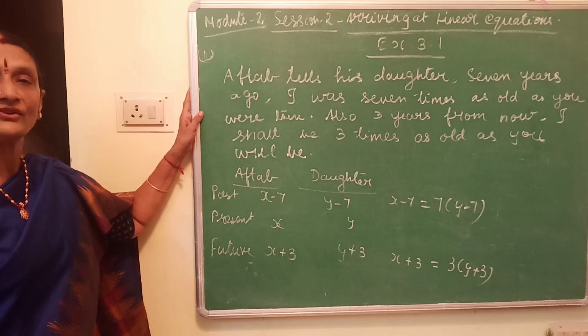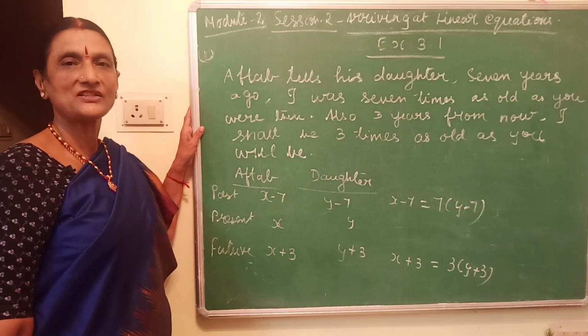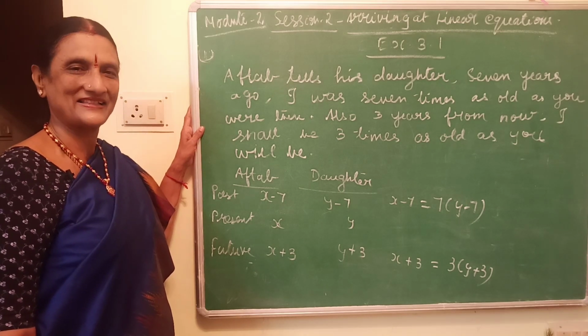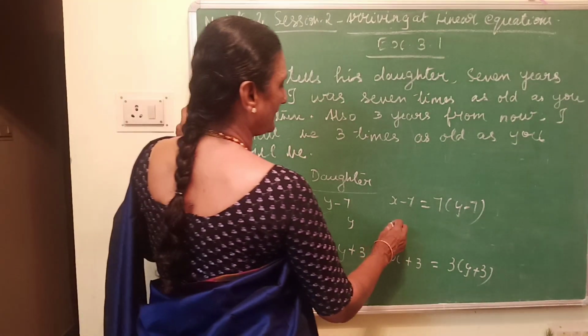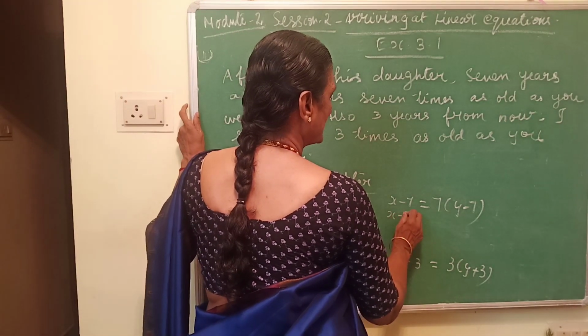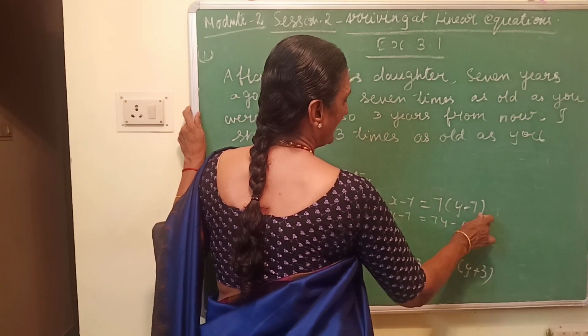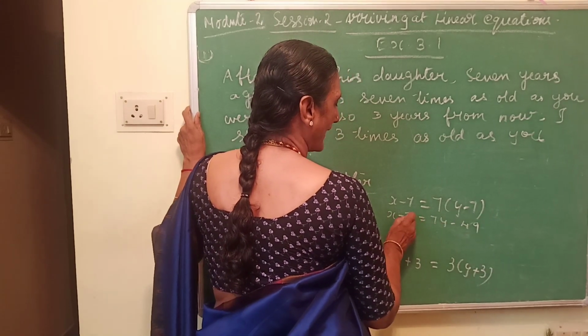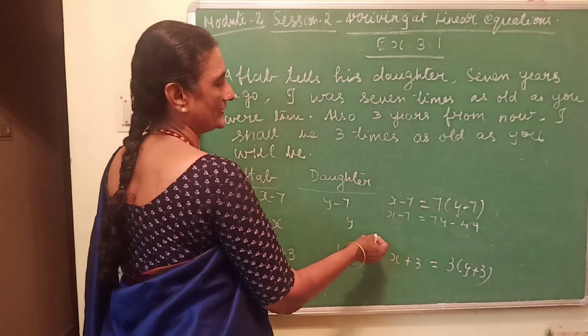So always you know that an equation has to be written in the standard form. This is what you learnt in your earlier class. So coming to the same method, this becomes simplified as X minus 7 is equal to 7Y minus 49. Now we are transposing this minus 7 to the right hand side and bringing that 7Y to this side.